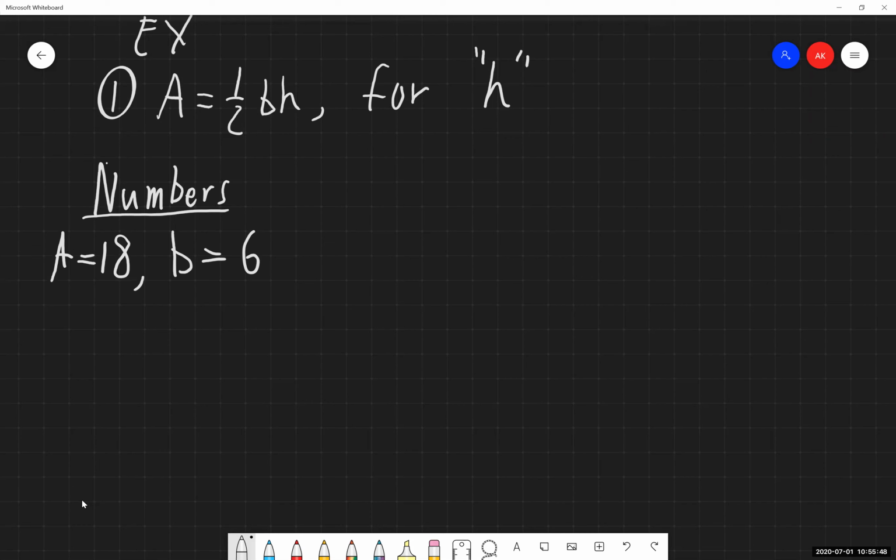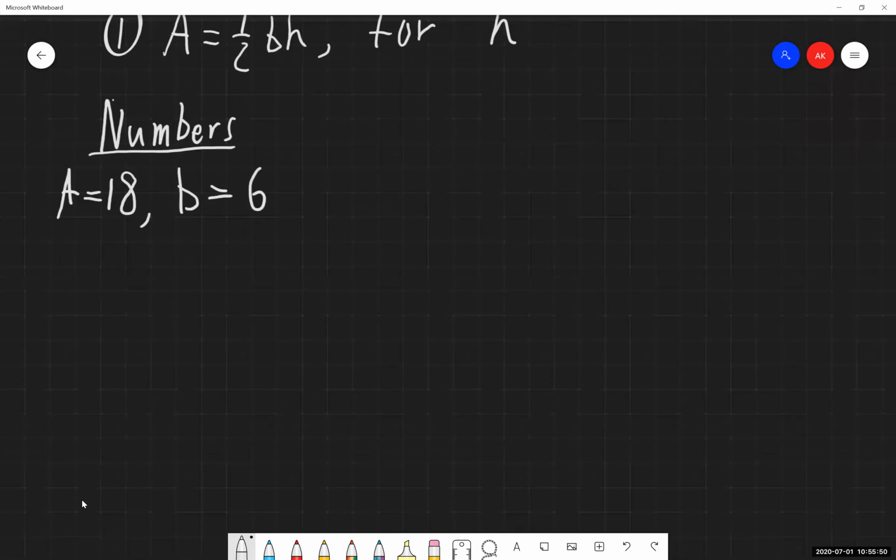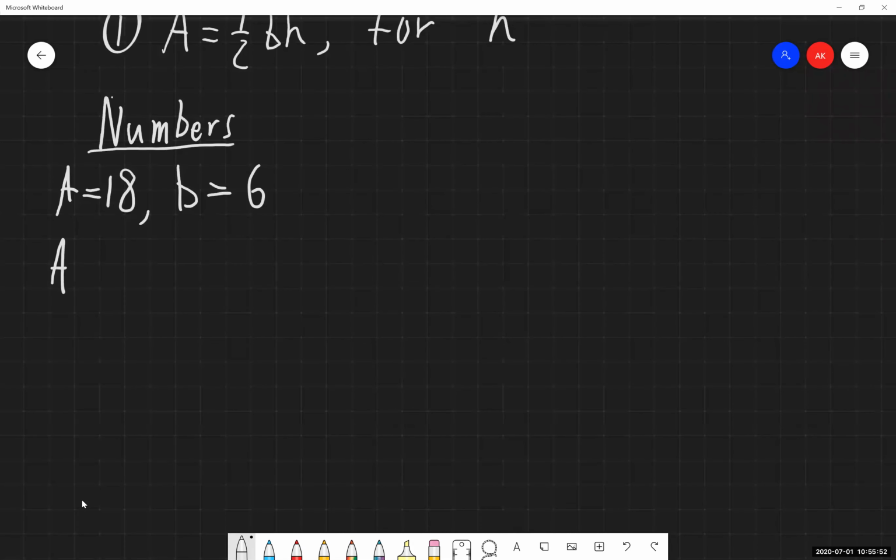So the first thing that we're doing with this, I'm going to rewrite the general equation right below it, and I'm going to substitute in what I've been given. So that 18, or that A value, variable A, is now 18. 1/2. I've been told B is equal to 6. And I still have H there.